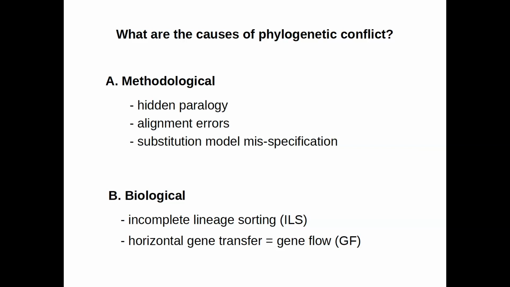One is incomplete lineage sorting, or ILS, when the ancestral polymorphism interferes with multiple events of speciation. And the other one is gene flow, when an allele introgresses from one species to another.